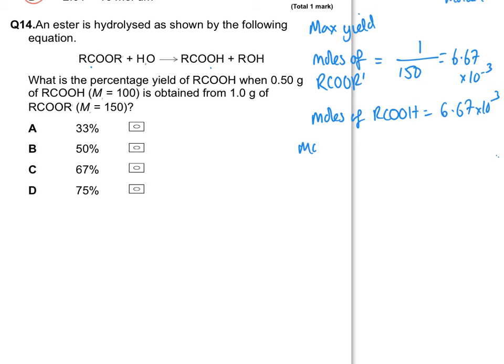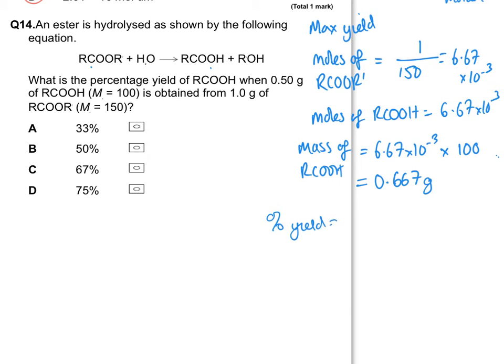And then we can work out the mass of RCOOH by doing moles times mR. And we're given the mR as being 100. So that gives me a maximum potential yield of 0.667 grams.